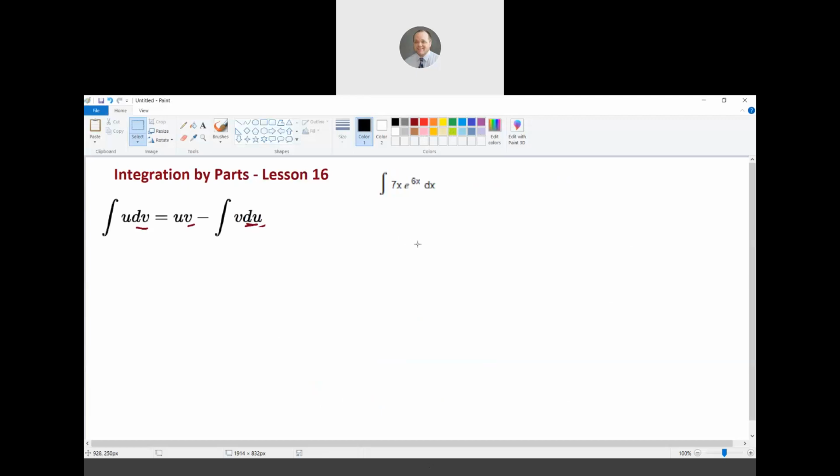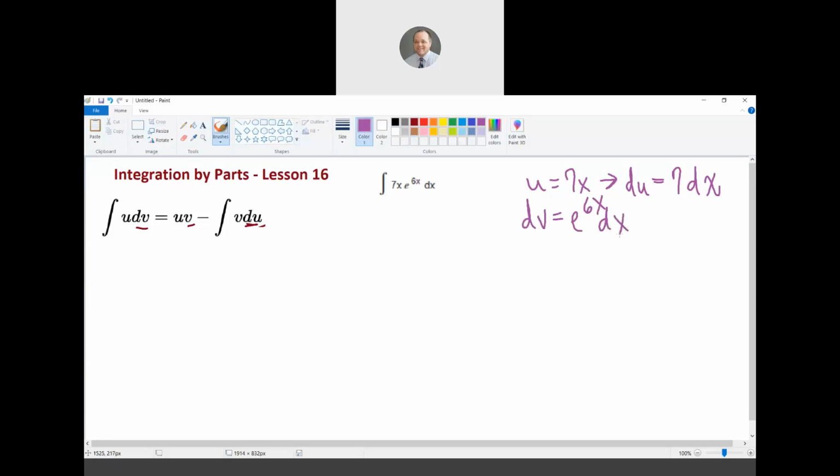So that means we'll let our u be 7x. So taking the derivative of both sides gives you du equal to 7dx. That leaves dv to be equal to e to the 6x power dx.